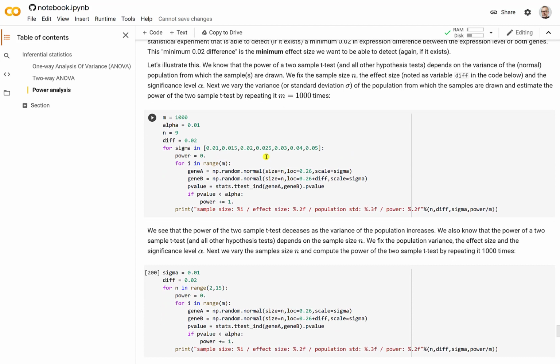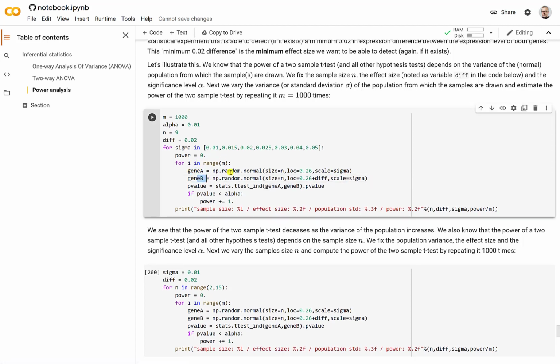So what we're doing is, for different variances of the population from which we will draw the sample, we have gene A, we have gene B. We're drawing these from normal populations, and the populations have this variance, the standard deviation, which I arranged over here. I also made sure that there is a difference between my two populations. The difference is my effect size. That's what I define here, which is 0.02.